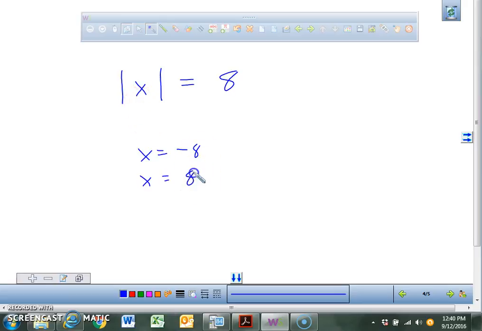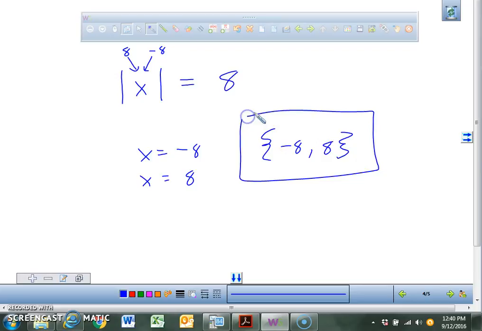The other answer that could work is 8. If you plug in an 8 or a negative 8, the absolute value will still be 8. So the solution set would be negative 8, comma 8. And this is how you solve not absolute value inequalities, but absolute value equations.